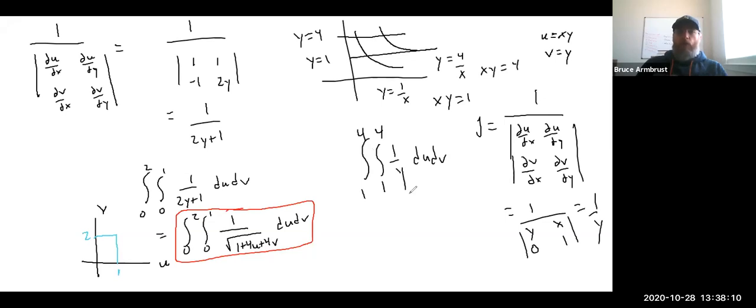But we need to replace that y. But luckily, we know y is equal to v. So we could just rewrite that as the integral from 1 to 4, 1 to 4, of 1 over v du dv.